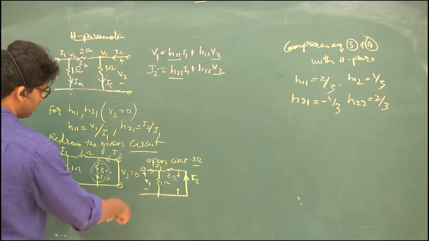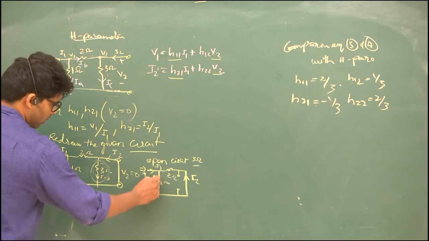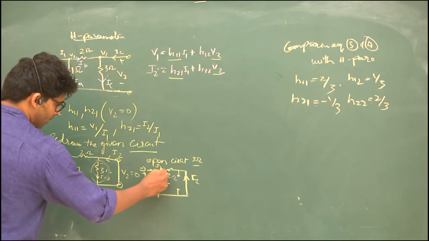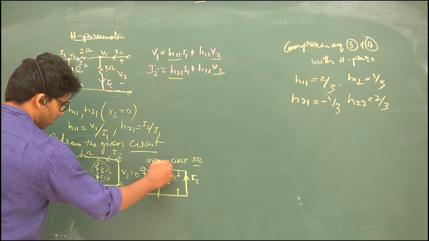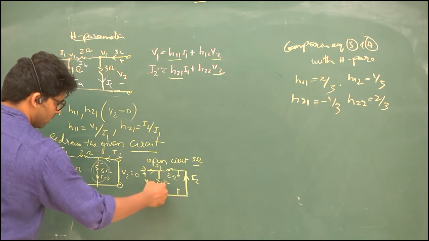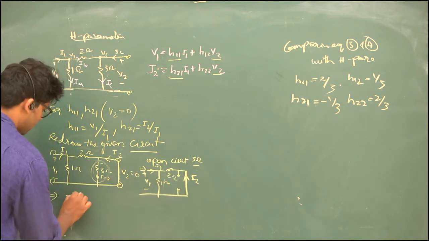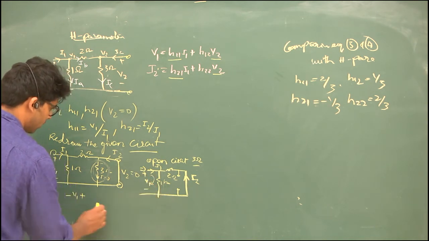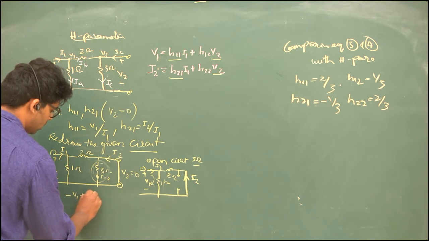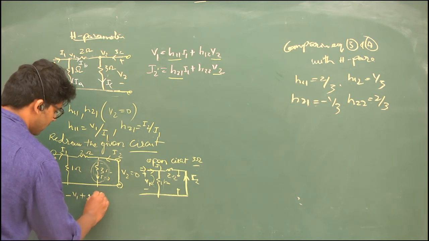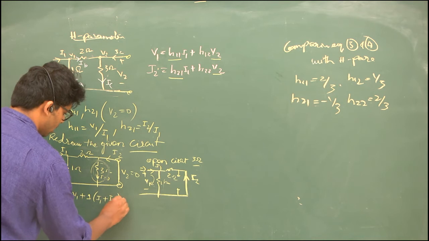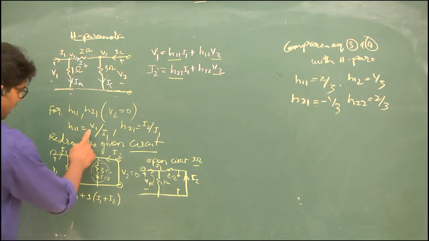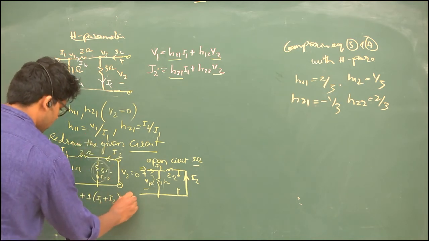If you carefully observe, in this branch, currents I1 and I2 are flowing. I1 is flowing in this direction, I2 is flowing in this direction. Therefore, in one loop, minus V1 plus 1 into I1 plus I2 equal to 0.